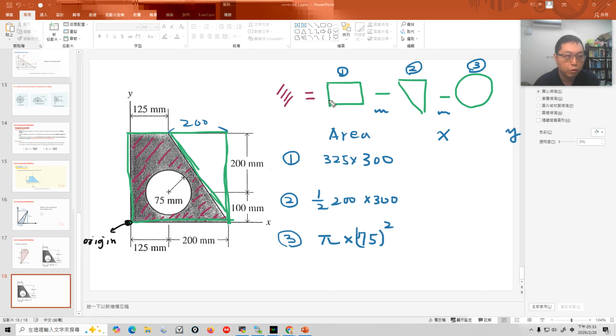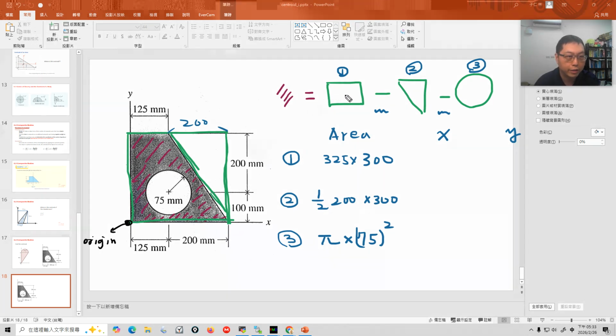What's the centroid of the rectangle? The rectangle is very easy; it's right at the center. What's the coordinate of the center of this big rectangle?